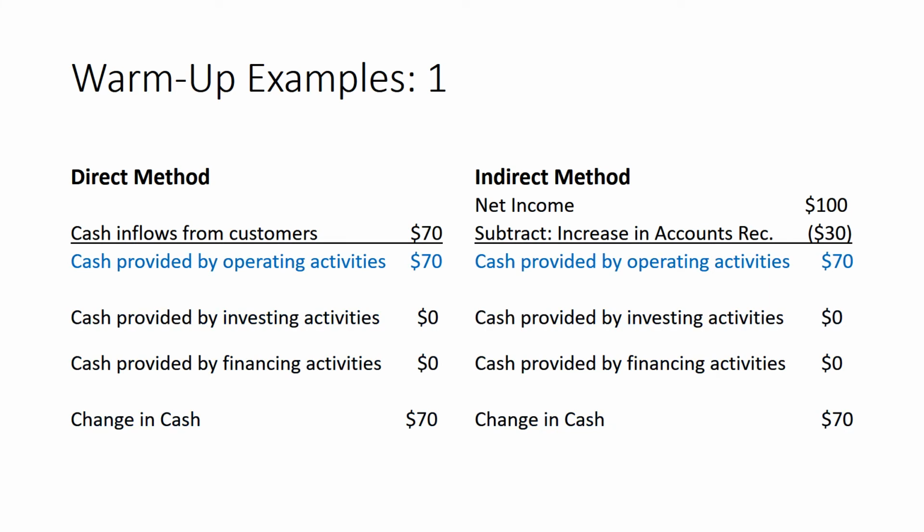Cash provided by operating activities is $70 regardless of whether we use the direct or the indirect method. So the major difference between these two methods lies in the presentation. Under the direct method, we see cash inflows from customers. Under the indirect method, we start off with net income and we subtract out the increase in accounts receivable.